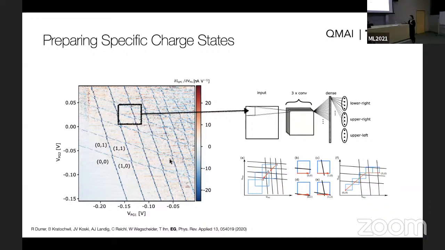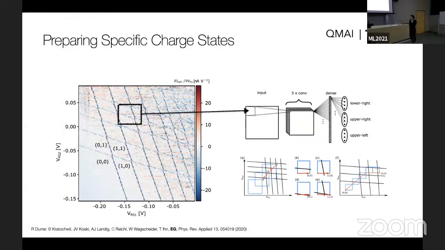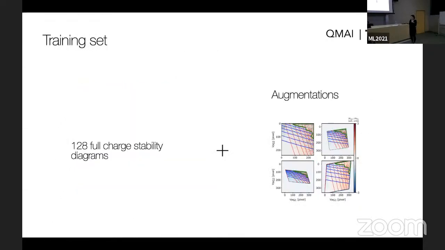So basically, what you need to figure out is how many transitions you have here and how you move to the state from there that you want. And I am going to explain exactly how this works in a second.